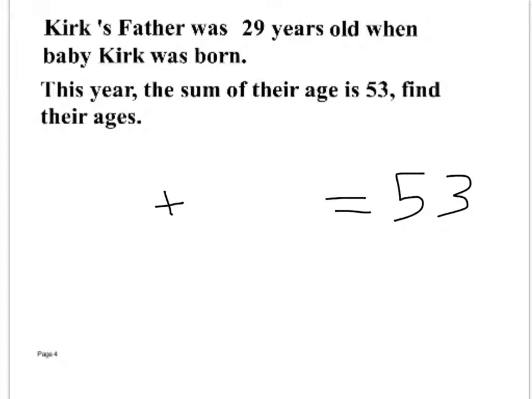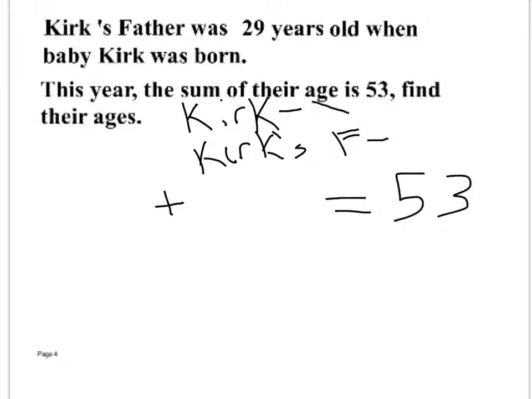We need to find their ages. We need to figure out how old Kirk is and how old Kirk's father is. Do we know how old Kirk is? No. So we designate that as x.